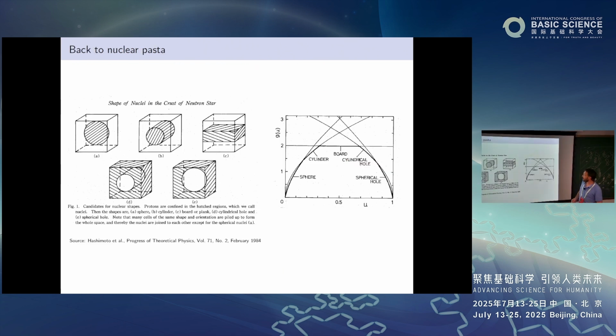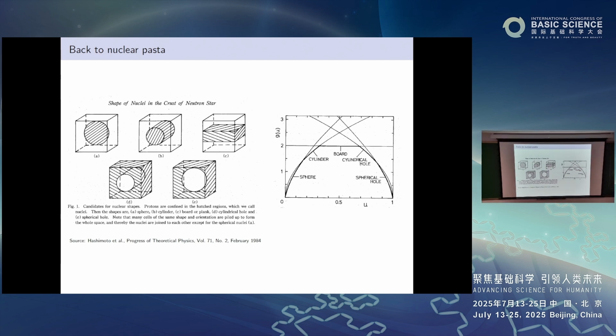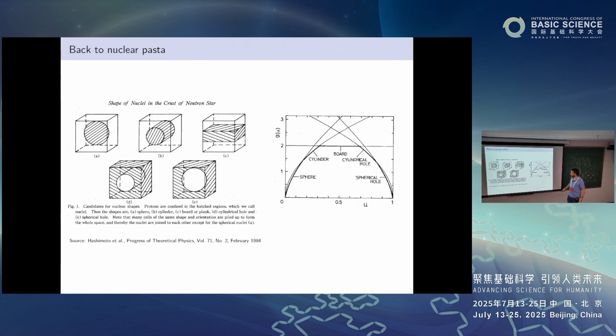And yes, here's the picture. Going back to the nuclear pasta, this is one of the very first papers on this, from 1984. You see here, these are the gnocchi, the pastas, the lasagna. And what you see drawn here is the energy of the sphere. That's what we've computed.